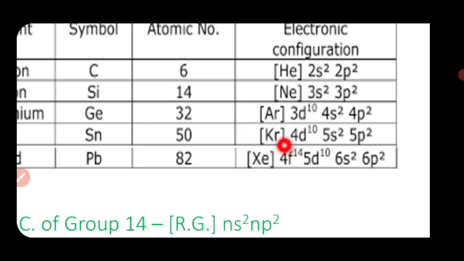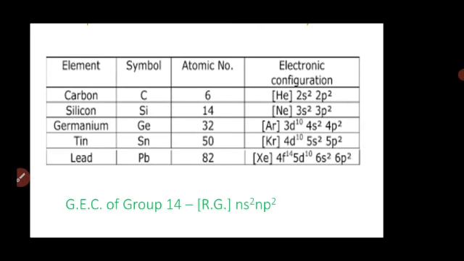So as the number of electrons in inner orbits increases, there are some changes in the physical properties, even in atomic properties, because these inner core electrons are very many in the heavier elements, that is from germanium to lead. Okay, so let us study the properties one by one.